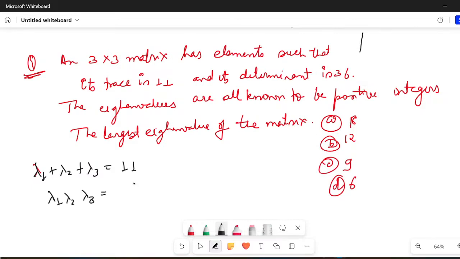Now it is given to us that all of them are known to be positive integers. So I can do a certain guesswork with regards to this 36. 36 can be generated by 1, 4, 9.